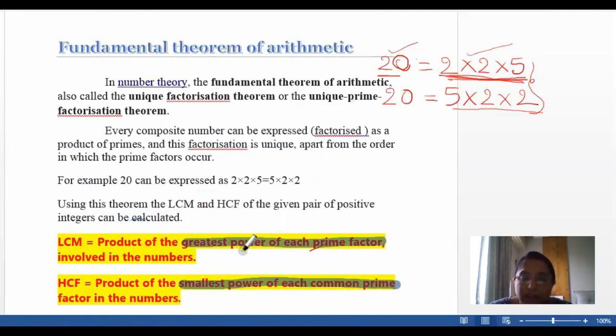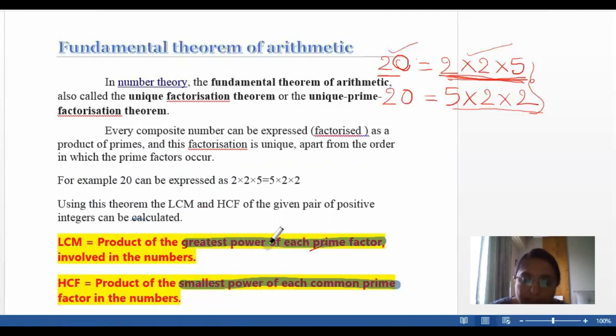If you are considering the LCM of two numbers, then we factorize those numbers, and in those factorizations we take the greatest power of each prime factor, and for HCF we take the smallest power which is common in both the factorizations.